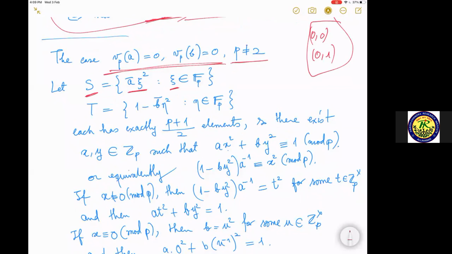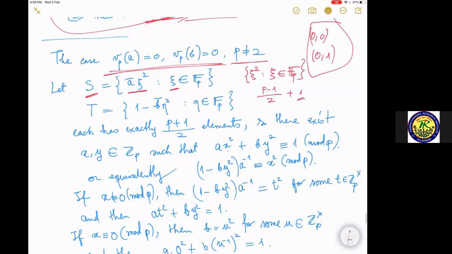And the square, so how many elements does this have? You should check that: this set xi squared, xi in Fp, how many elements does it have? I believe it has (p minus 1) over 2 plus 1 elements. This 1 is for 0, and this is for the elements in Fp star.